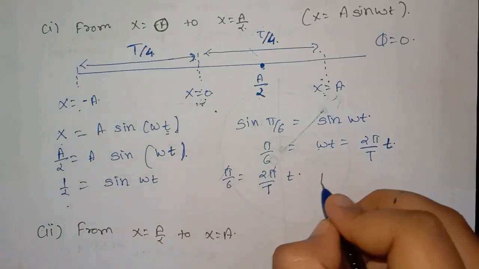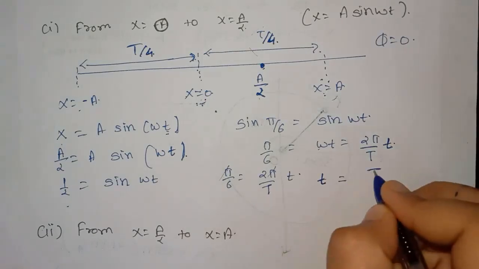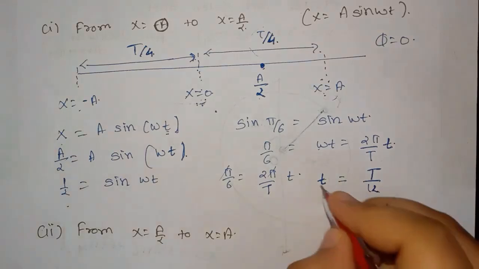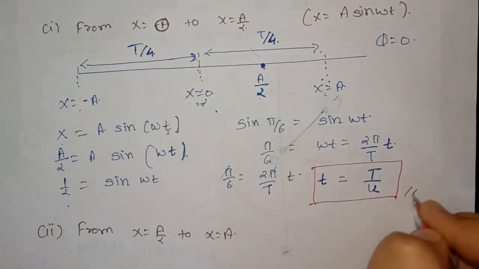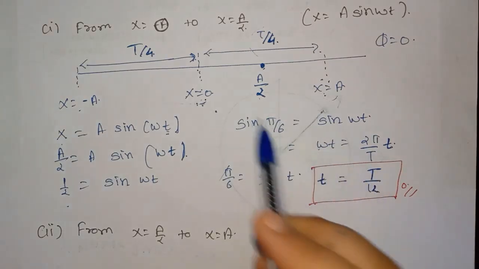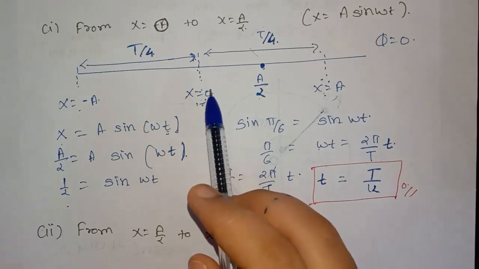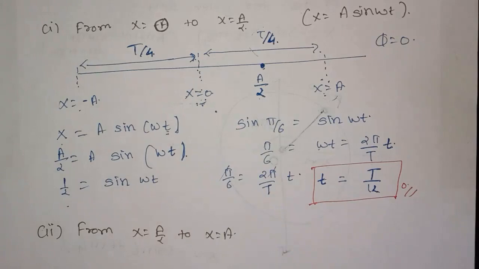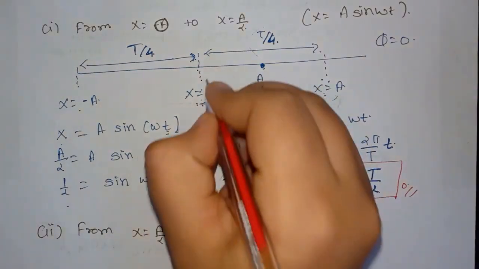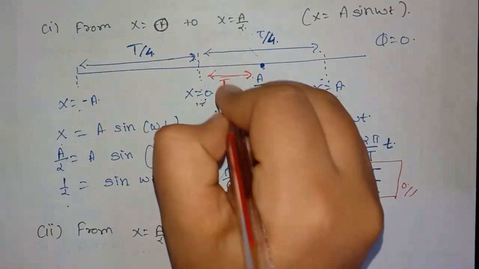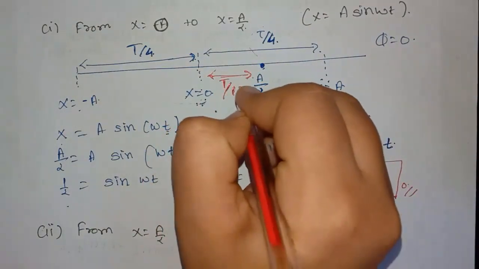So small t will be equal to T by 12. This is a very important result. Time taken by the particle to move from 0 to A by 2 or from A by 2 to 0 will be T by 12.